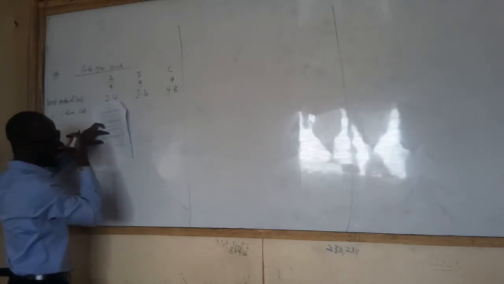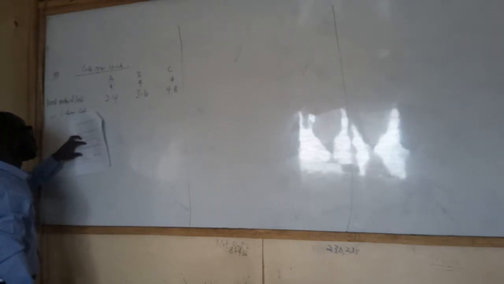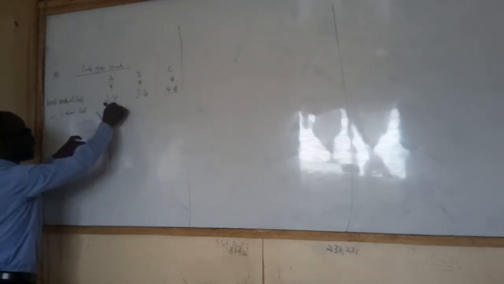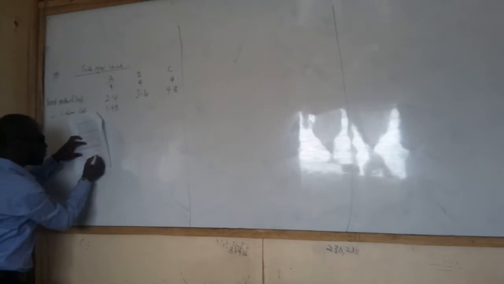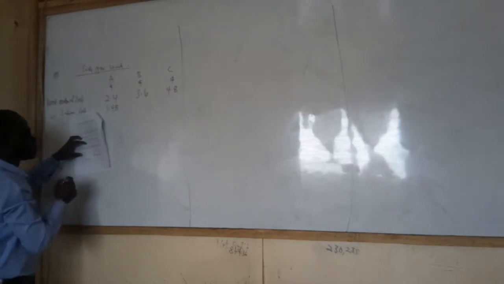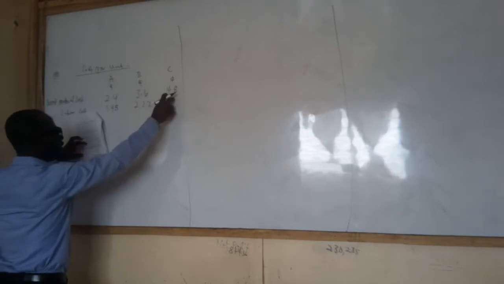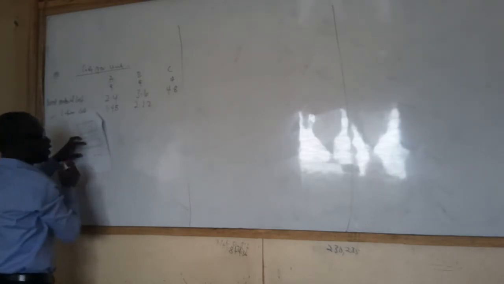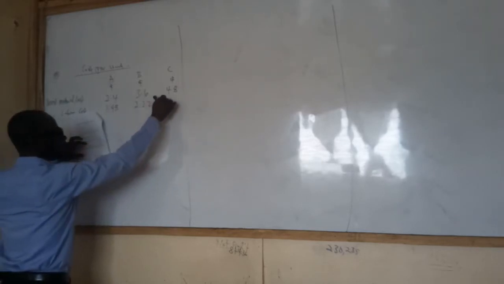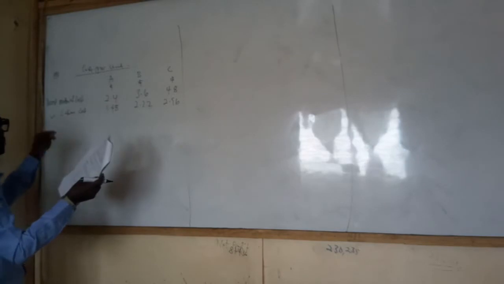So 14.8 times 0.1, what do we have? 1.48. Then 0.15 times 14.8 is 2.22. C uses 0.2. So 0.2 times 14.8 is 2.96.